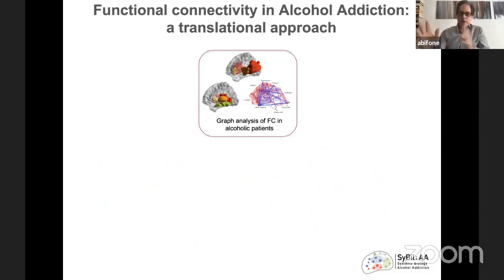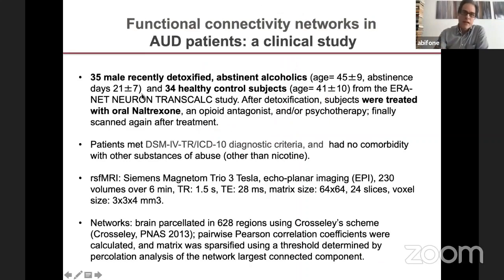I'll be very quick going over the various studies, so I will not dwell into the technical details. So bear with me. We performed a clinical study in alcoholic subjects, comparing their functional connectivity with that of matched healthy subjects.